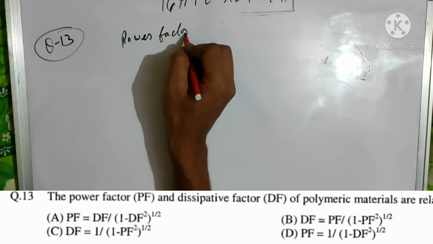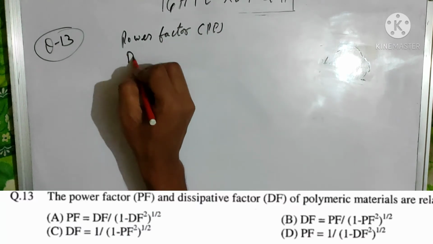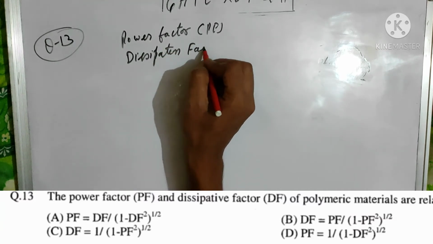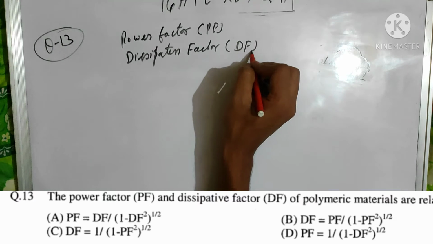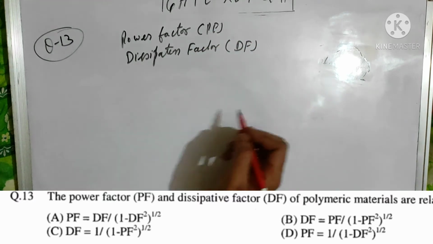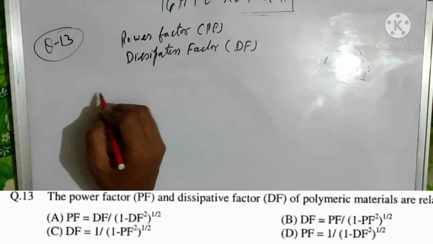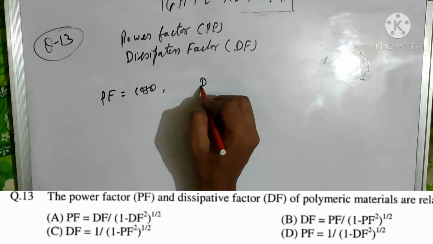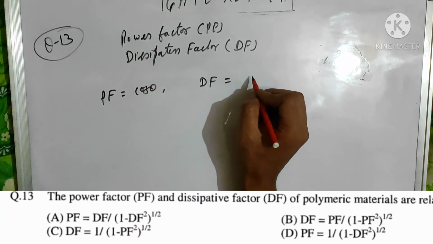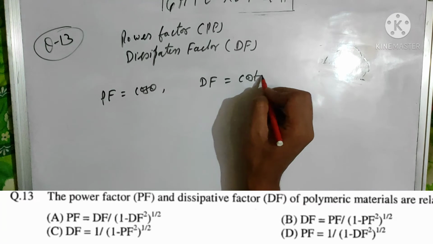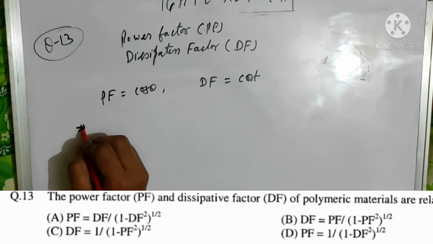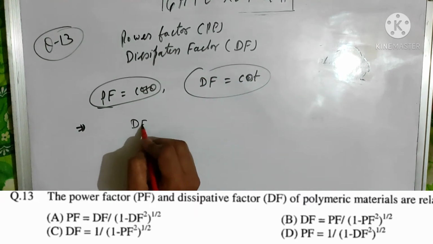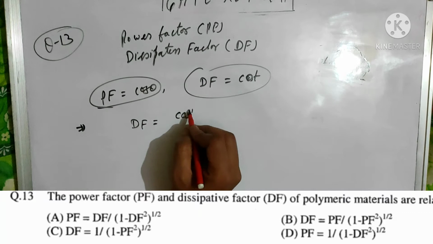The power factor PF and dissipation factor DF both are electrical properties of the polymeric material. So the power factor PF is equal to cos theta and dissipation factor DF is equal to cot theta. So find the relationship between the power factor and dissipation factor. Dissipation factor is equal to cot theta.